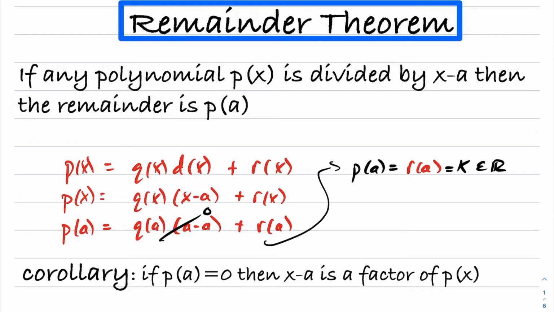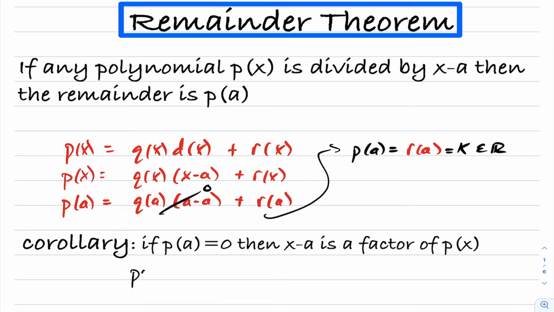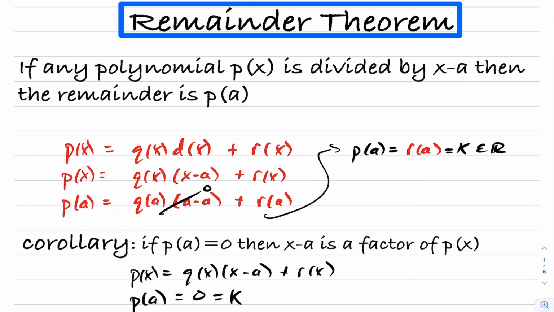There's a direct result that is very useful with this, and it is that if the polynomial at a is 0, then x minus a is a factor. To see that, if you have a polynomial p(x) and you divide that by x minus a, if the polynomial at a is 0, that essentially means that your remainder is going to be 0.